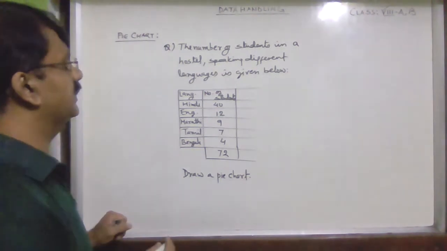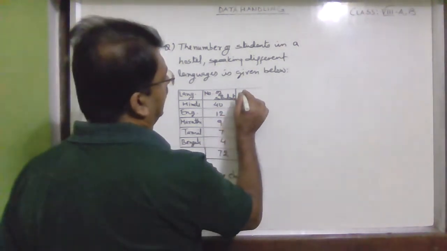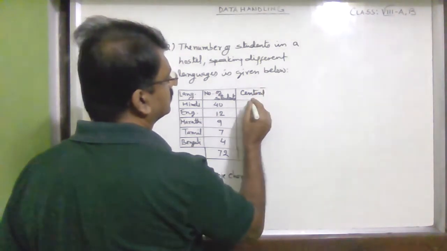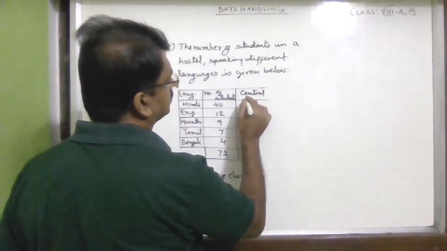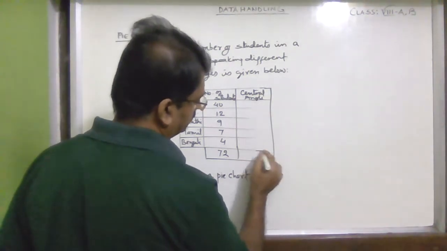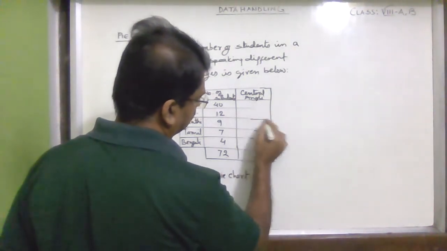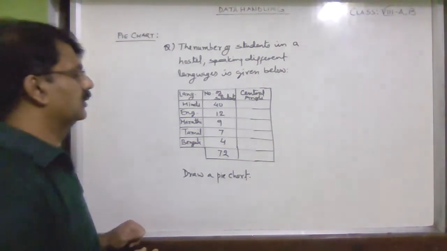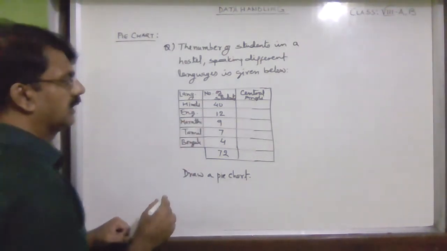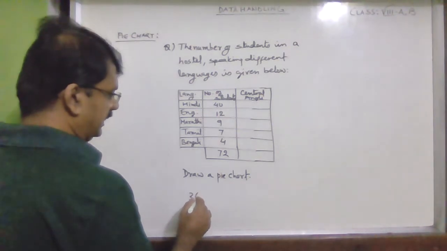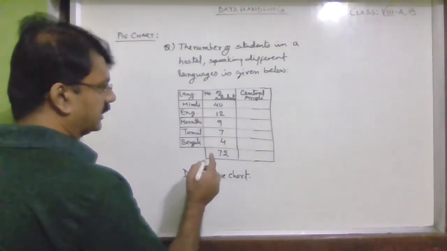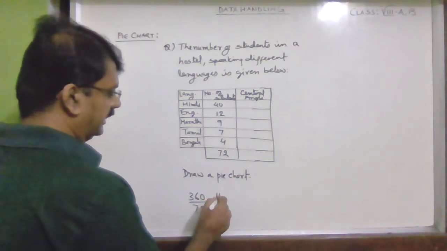Now what we do, first of all we will find the central angle. For the first one, 360 upon 72, the total, into 40.